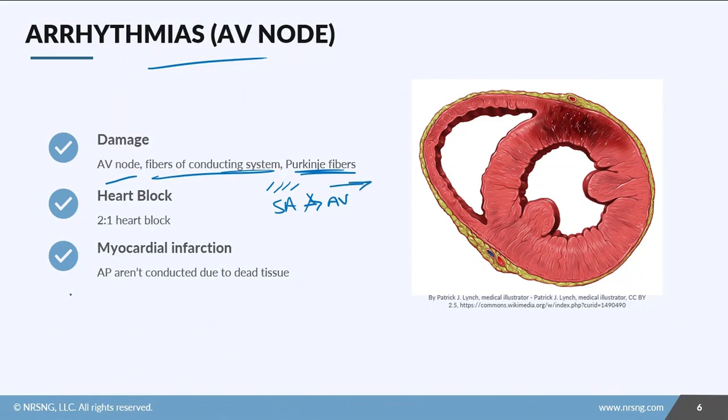Now, the other thing that we can have is a myocardial infarction, and that's the heart attack. To put it simply, a heart attack is where the tissue dies as a result of lack of oxygen. The heart has a bunch of vessels that come in and provide perfusion and oxygen to all this tissue.